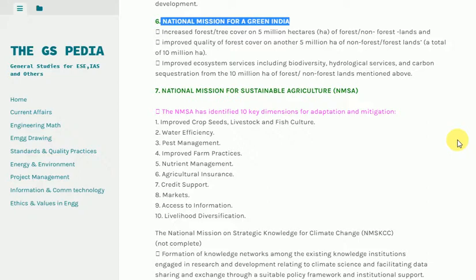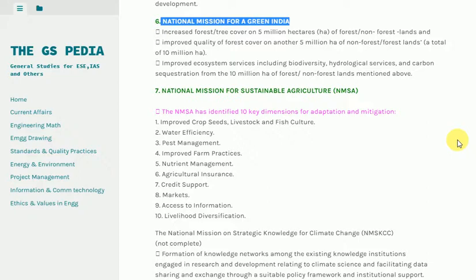7. National Mission for Sustainable Agriculture. The NMSA has identified 10 key dimensions for adaptation and mitigation. 1. Improved crop seeds, livestock and fish culture. 2. Water efficiency. 3.